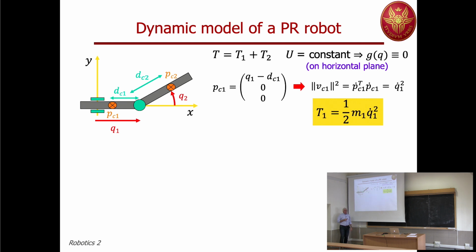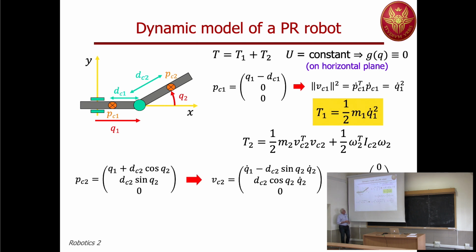A very simple computation. A bit more complex is the computation of the kinetic energy of link 2, because link 2 translates while moving the first link, and the center of mass has also linear velocity because we are rotating the joint axis 2, but we have also an angular contribution, and this is due only to the rotation of joint 2. So in general, we should write both VC2 and omega 2.